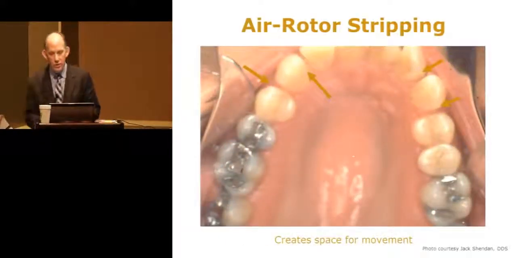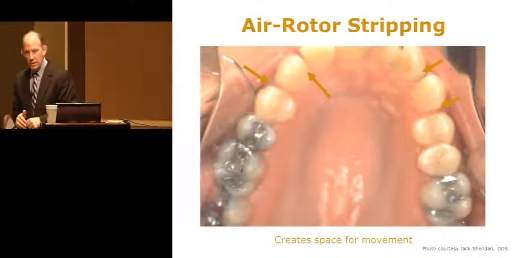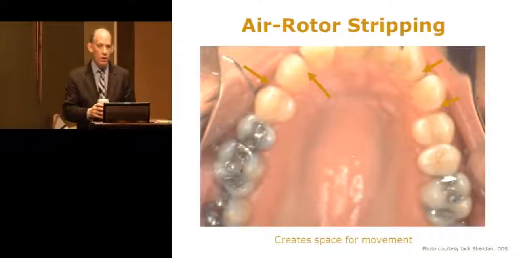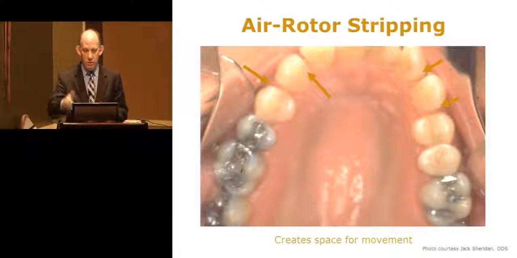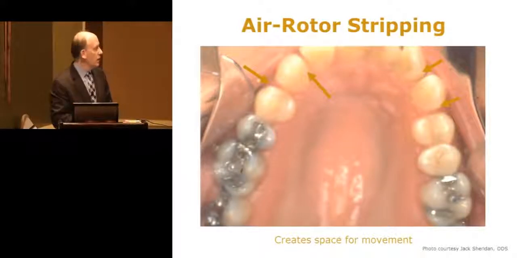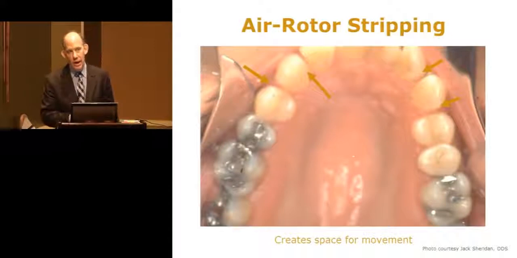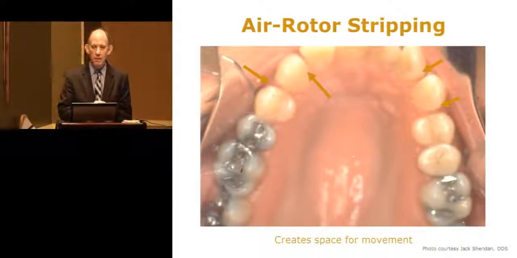So air rotor stripping was first talked about by Sheridan back in the late 70s, and it was in his book. He said you can do 8 or 10 millimeters of arch length creation by taking a safe-ended burr and going between the teeth and cutting these slots. Now, it is possible that sometimes you can do stuff like this, but from my standpoint, I see a lot of adult care, and probably over 60% of my practice is adults.